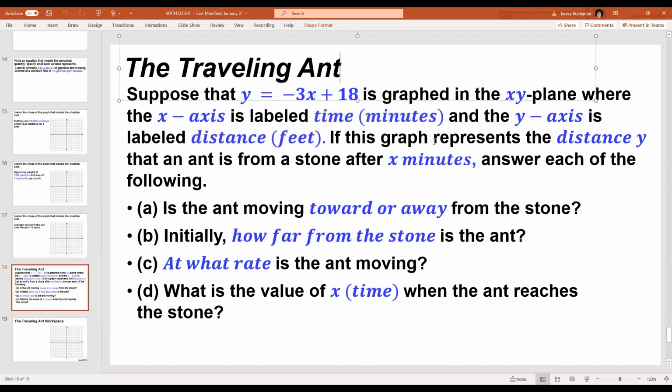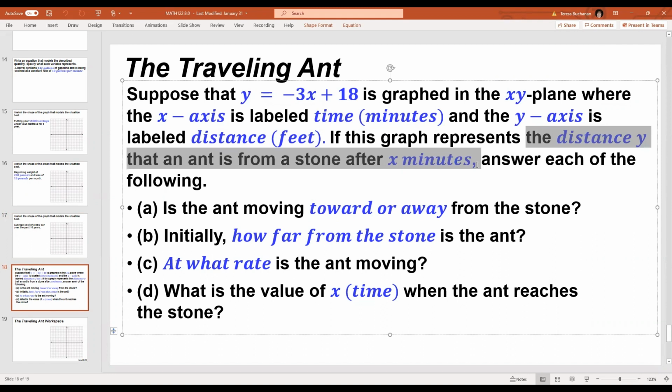If this graph represents the distance that an ant is from a stone after x minutes, answer each of the following. Is the ant moving toward or away from the stone? Initially, how far from the stone is the ant? At what rate is the ant moving?